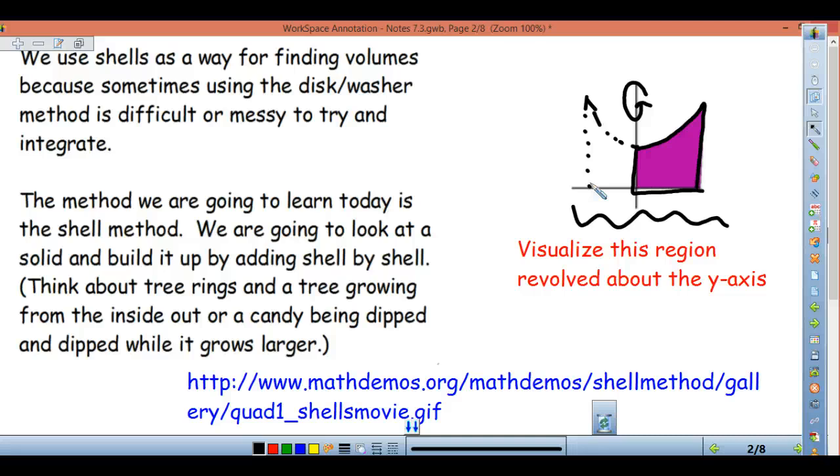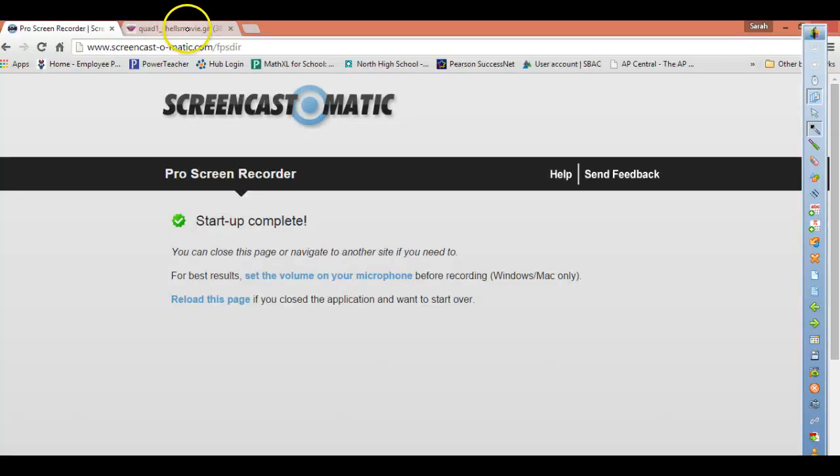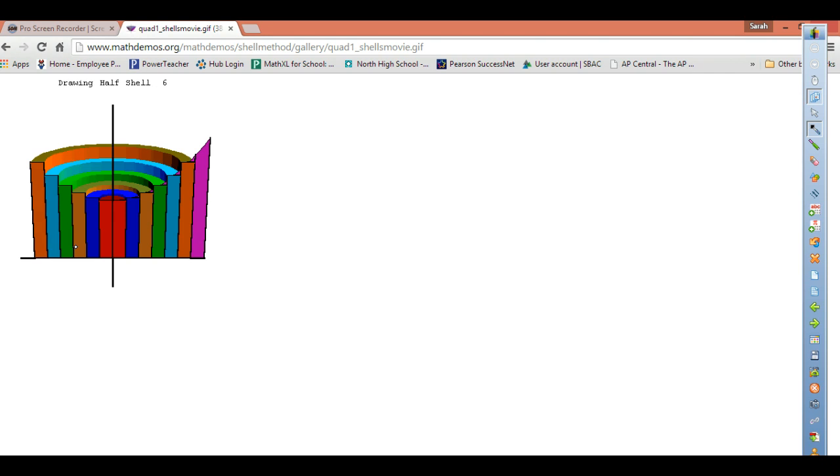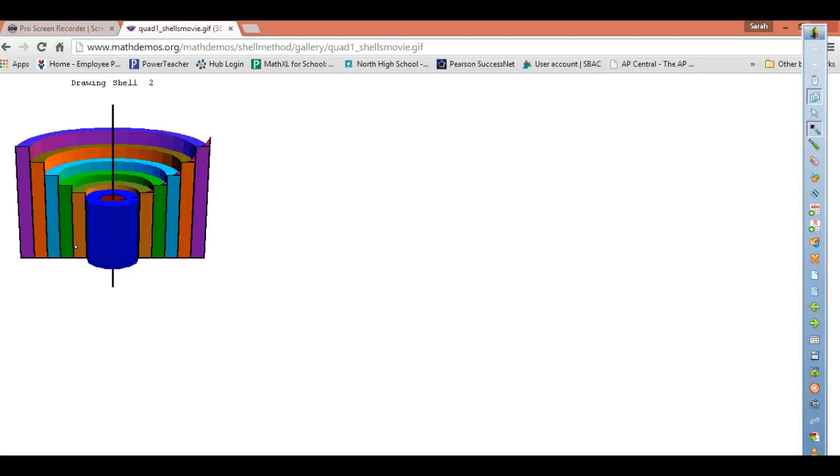These shells are kind of large, but you can see the different shells being added each time, and you can see that they're growing around the axis of revolution.